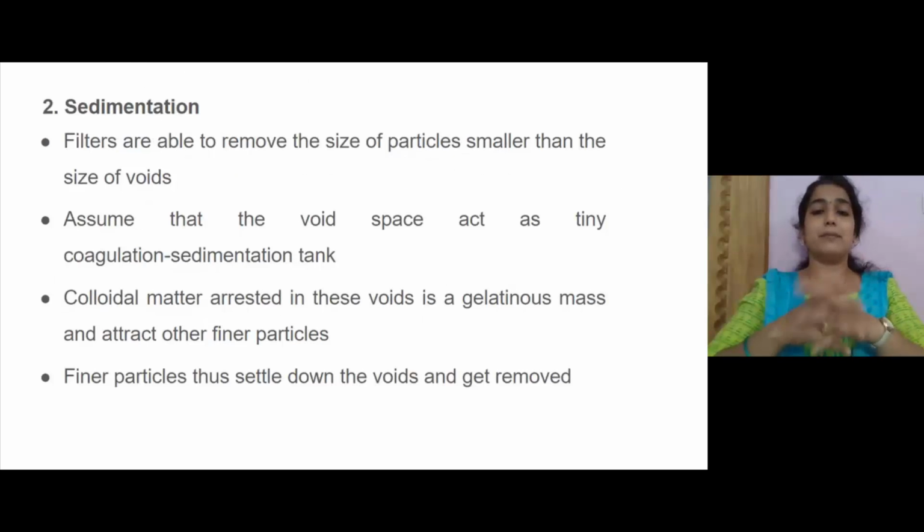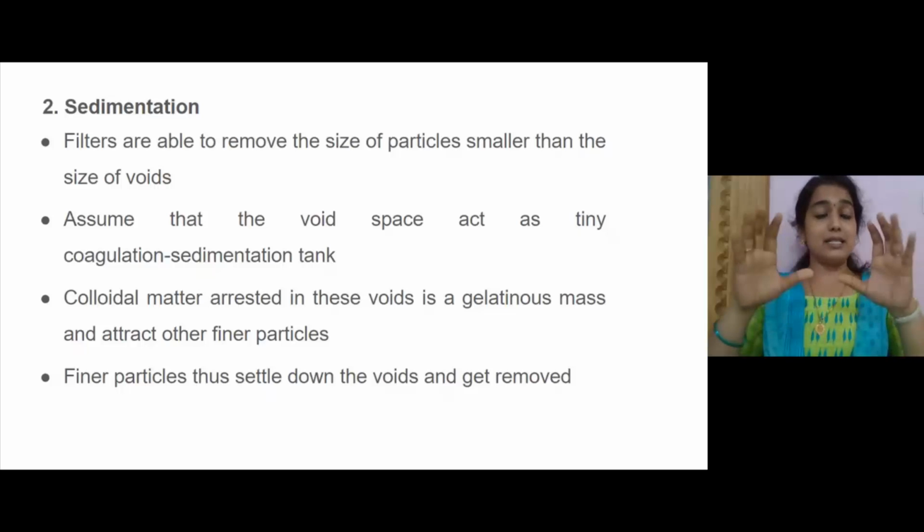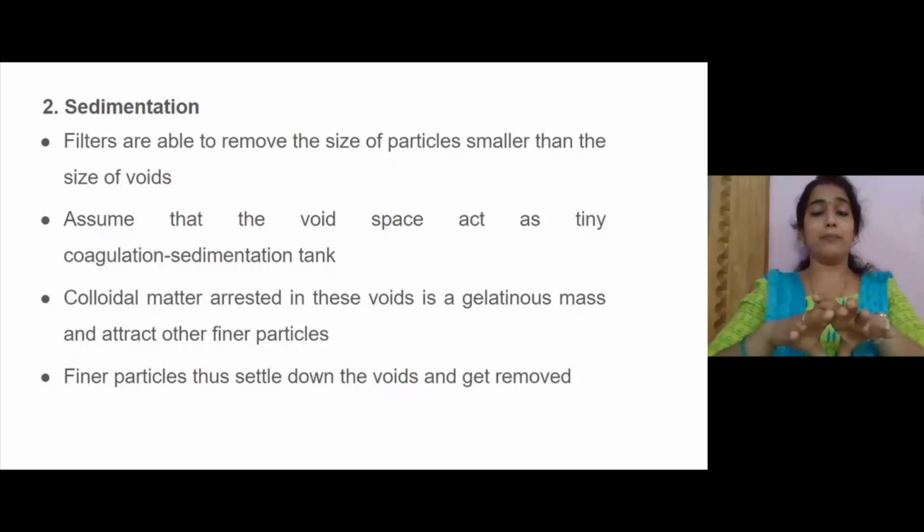Then the second mechanism, that is the sedimentation mechanism. Here, the void space between the sand particles, that is the empty space in the filter media between the sand particles, will act as sedimentation tanks or sedimentation cum coagulation tanks. The impurities entering into these small void spaces will settle down in these voids, and form a gelatinous surface in the void space.